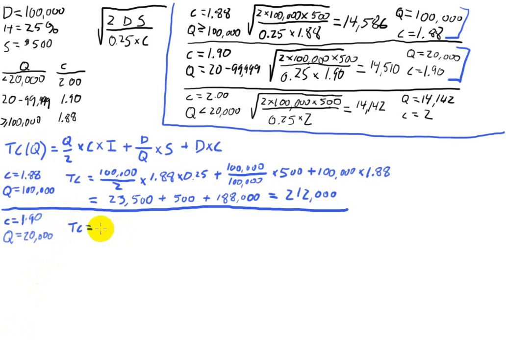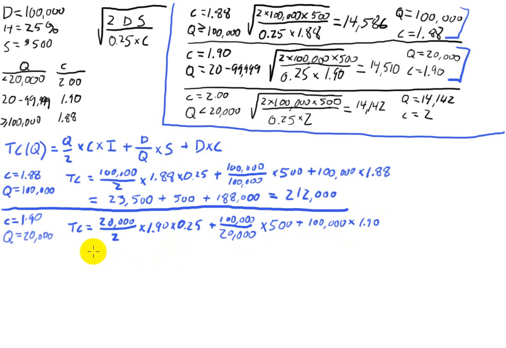Total cost is equal to Q, which is in this case 20,000, divided by 2, times the cost per unit of $1.90, times 25% as a holding cost, plus then again we have annual demand, which is 100,000 for all of these, divided by the order size, which in this case is 20,000, times a cost for the order of 500, plus the cost of the goods. We have 100,000 units times $1.90.